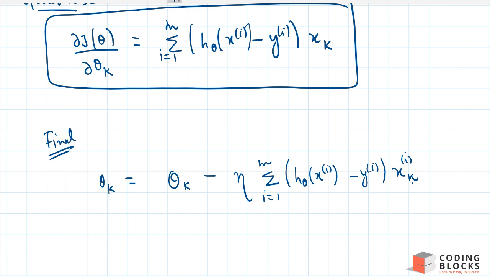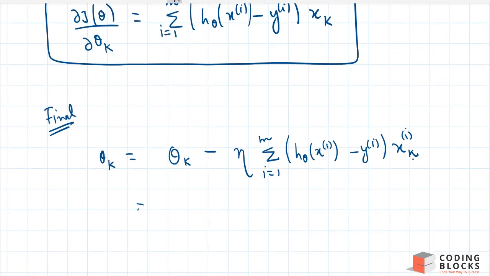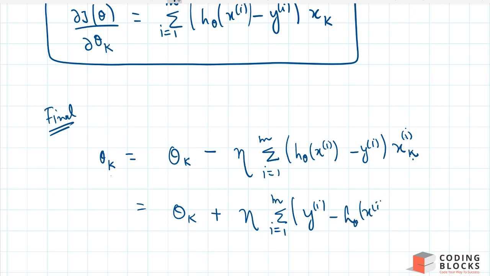And if you want to take the minus sign out, you can write this as θk plus η times the summation i goes from 1 to m of (y^(i) minus h_θ(x^(i))) into xk^(i).